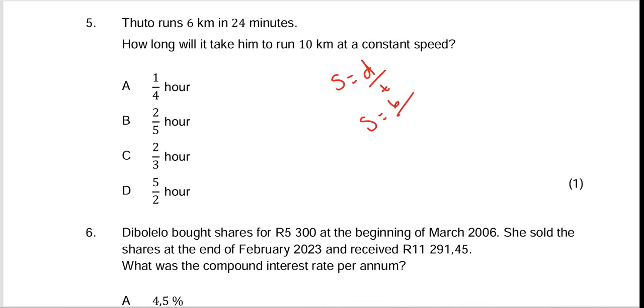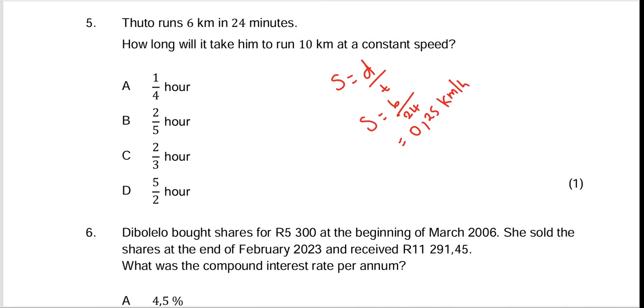In 24 minutes. Over 24. So the speed is going to be 0.25 kilometer per what? Kilometer per hour. Now we've managed to get the speed.